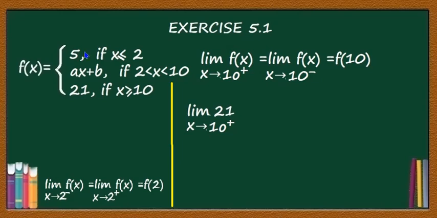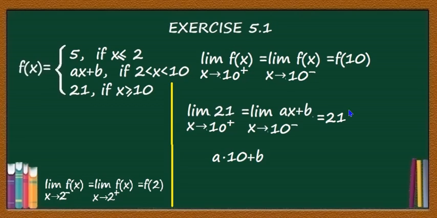When it is less than 10, the function is defined as ax plus b. And what is f of 10? When x equal to 10, it is 21, so f of 10 is equal to 21. Limit x tending to 10 plus is 21, which equals 21, and limit x tending to 10 minus of ax plus b is equal to a into 10 plus b, which is equal to 21. That is 10a plus b is equal to 21. Call this equation 1.